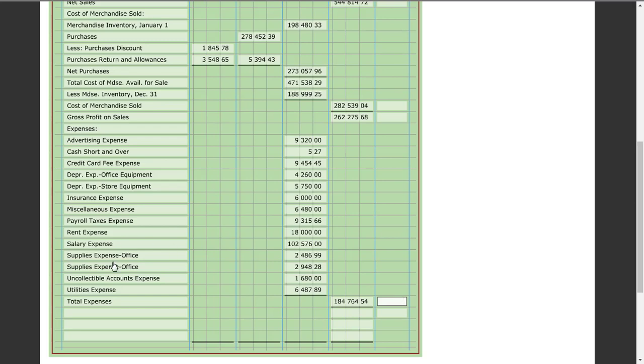So below total expenses, I'm going to type in net income before federal income tax. And I'm going to take my 262 number and subtract my 184 number.